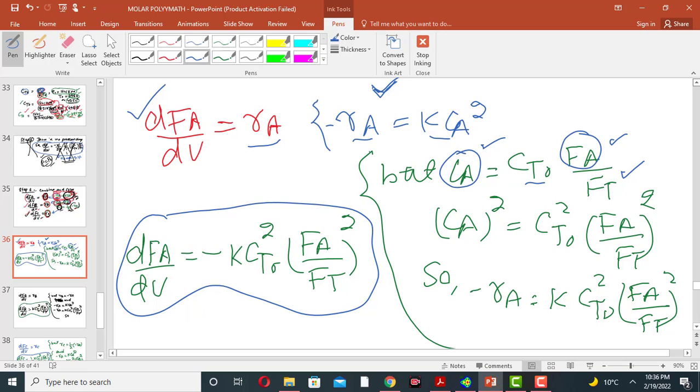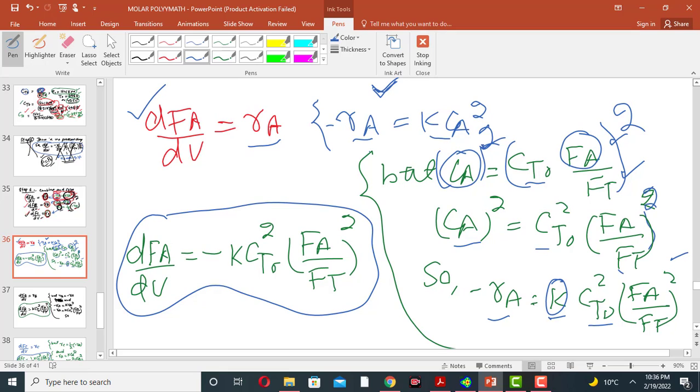Similarly, CA squared will be equal to Ct0 squared times FA divided by FT to the power 2. So simply square this term and this term. Minus RA becomes equal to the rate constant k times Ct0 squared times FA divided by FT, whole squared.